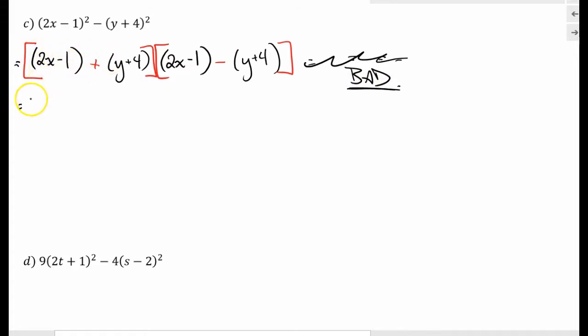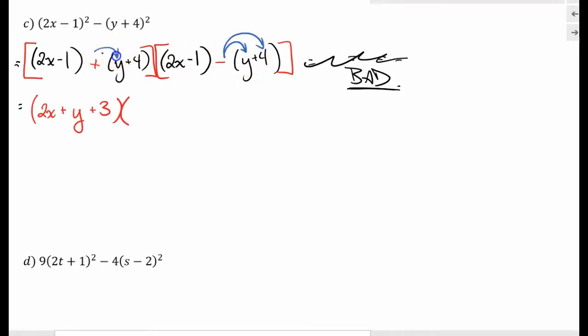Okay, so then this first set of brackets, I've got 2x, no other x terms, so that stays the same. Minus 1 plus 4 is going to be positive 3. But before I do that, I'm going to write my other variable as well. My second set of terms, this negative actually applies into the brackets.